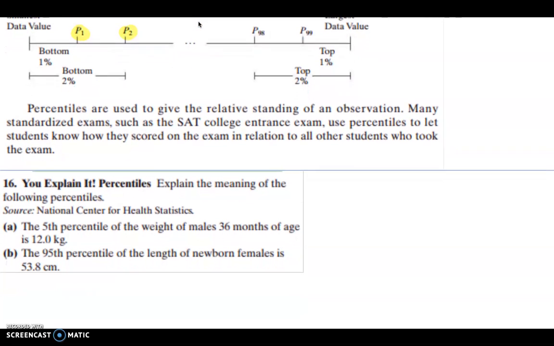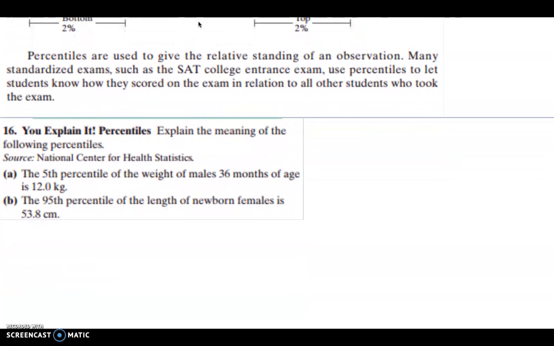And so when we talk about percentiles, they're used to give the relative standing of an observation, where it stands amongst all the others. Many standardized exams, such as the SAT, use percentiles to let students know how they scored in relation to others who took the exam.